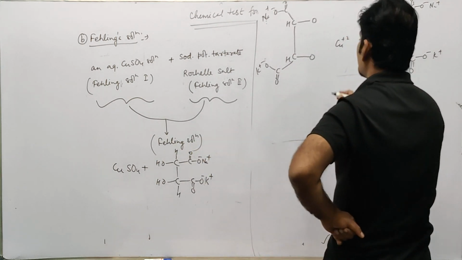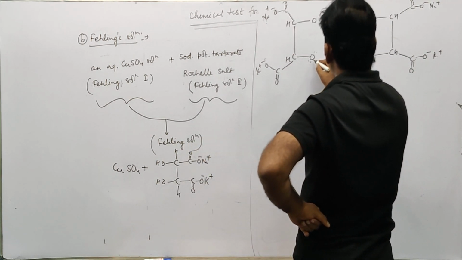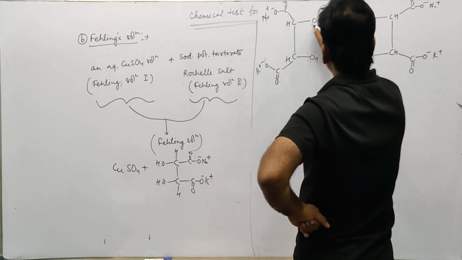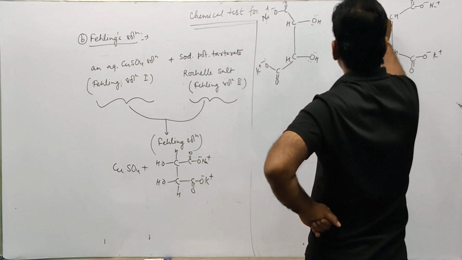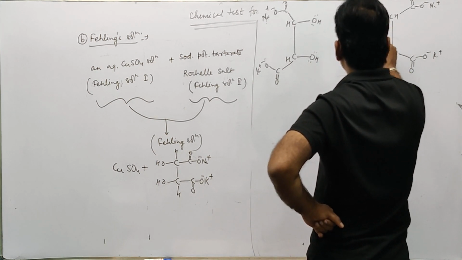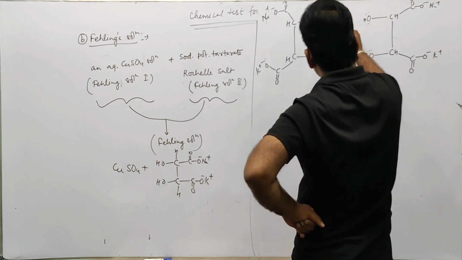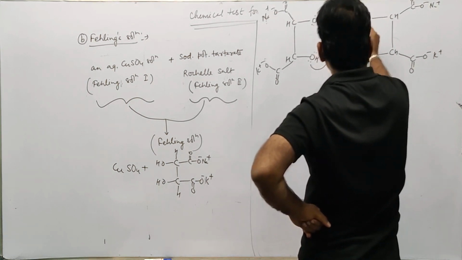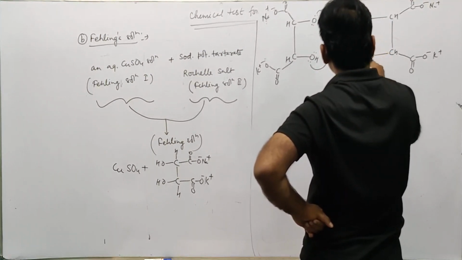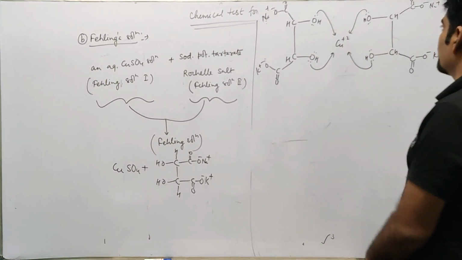Now the OH, which has an electron pair, will complex them like this, chelating them simply. This lone pair is given to the copper.